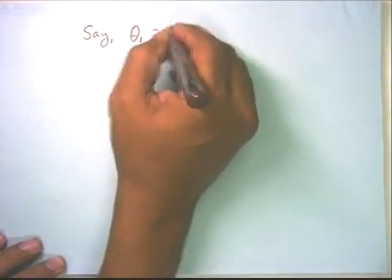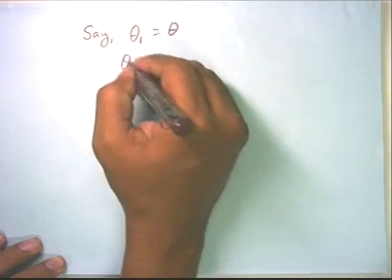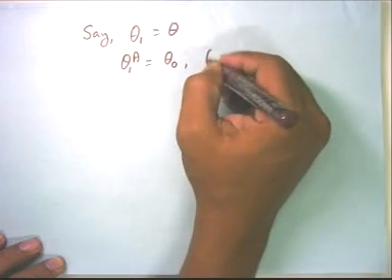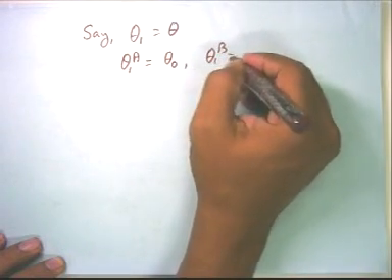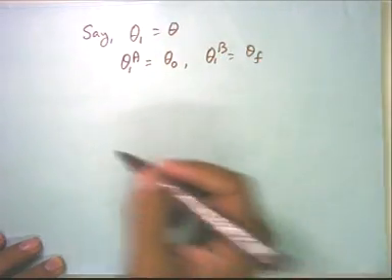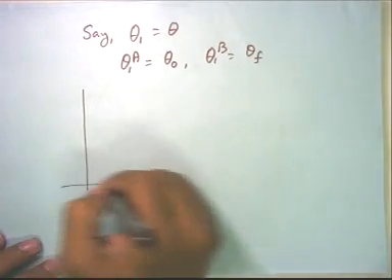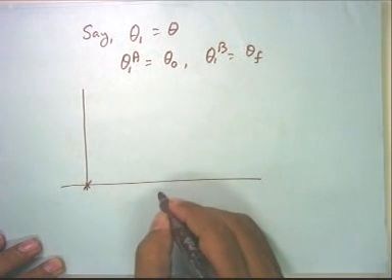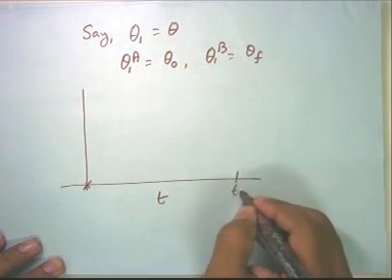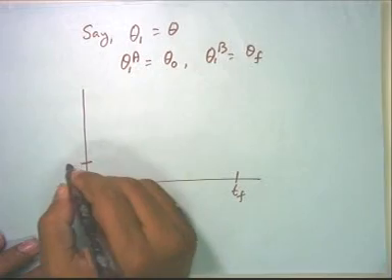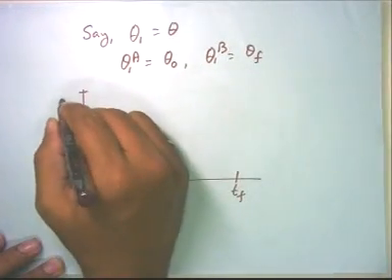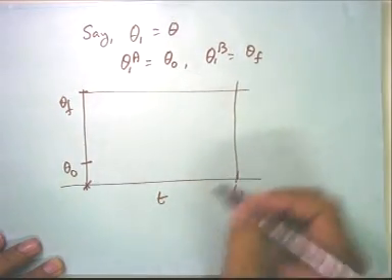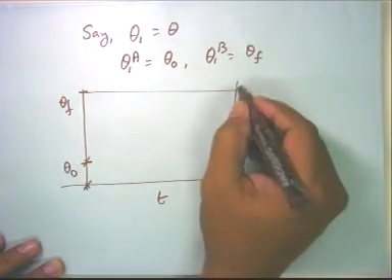Theta 1 is equal to theta, and theta 1 A I call theta 0 and theta 1 B is theta f. Which means initially at t equal to 0 and at t equal to Tf, I have theta 0 and theta f, and I am thinking how to join these 2 points.